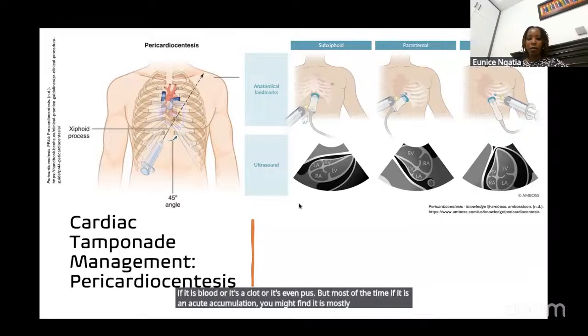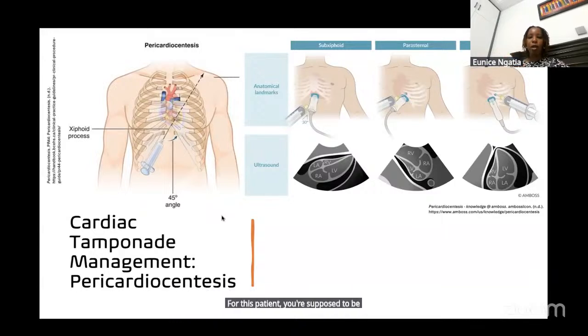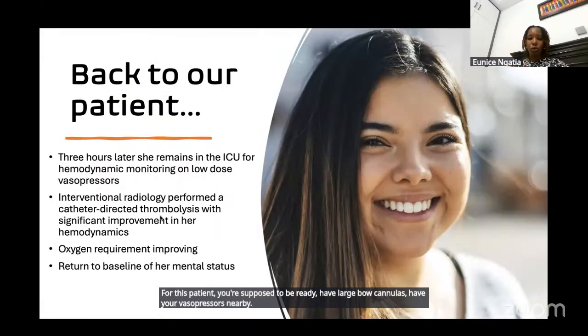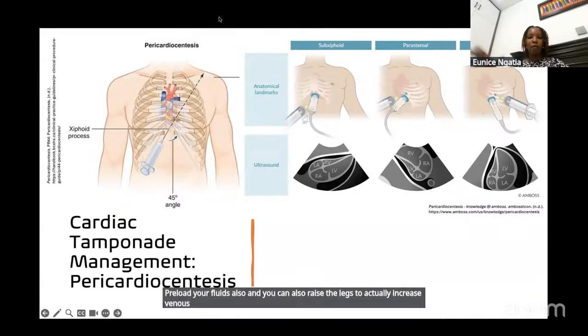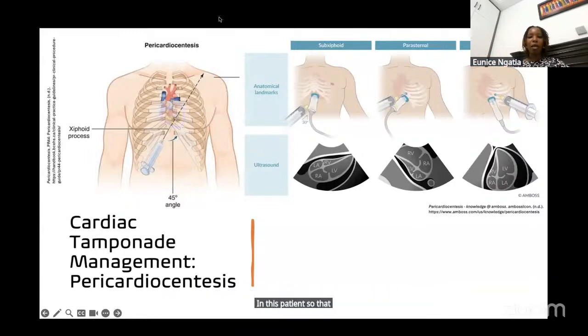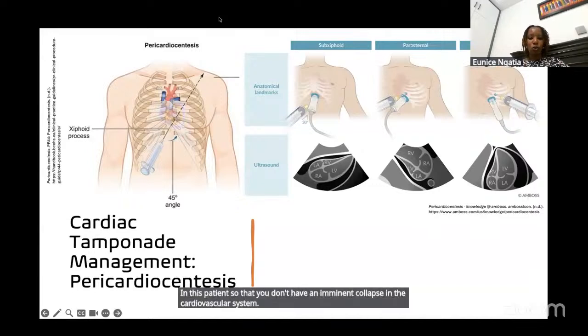So the take-home message is that it is a cardiac emergency. And as you're doing this, remember you're having hypotension. For this patient, you're supposed to be ready. Have large bore cannulas, have your vasopressors nearby, preload your fluids, and you can also raise the legs to increase venous return so that you have a good preload in this patient and don't have an imminent collapse of the cardiovascular system as you're doing it.